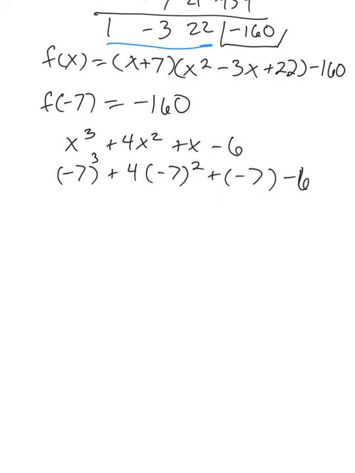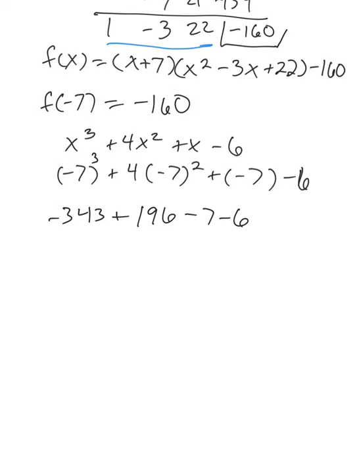Negative 7 cubed is negative 343, plus 4 times what? 49. 4 times 49 is 196, minus 7, minus 6.